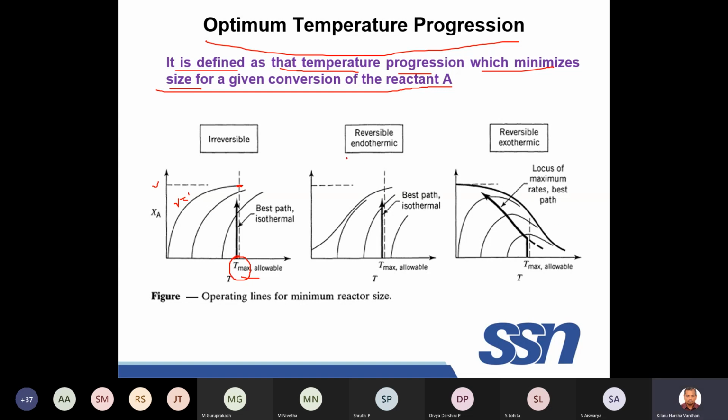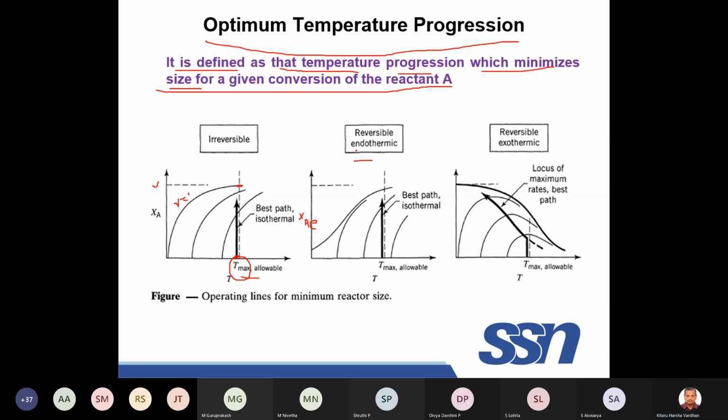Now we'll come to reversible endothermic. Even in reversible endothermic, it is like this. When R is 0, it starts somewhere. This is again XA, right? XAE also you want to put because it is reversible. So as R increases, again your reaction starts a bit higher.